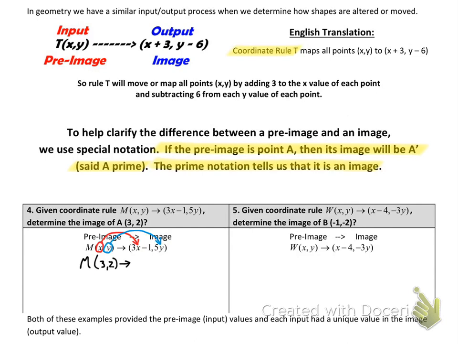There you go. Okay, so looking at this, instead of 3x minus 1, I'm going to have 3. Well, my x value is 3, so it's going to be 3 times 3 minus 1, comma. Now I'm going to go for my y value. Instead of 5 times y, I'm going to have 5 times 2.